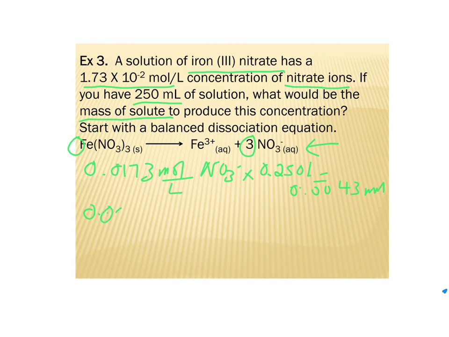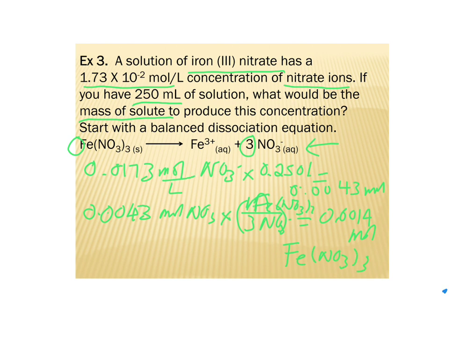So we write our 0.0043 moles of nitrate. And now our mole ratio here is 1 mole of iron nitrate for every 3 moles of nitrate. So then the math here works out to be 0.0014 moles of iron nitrate.